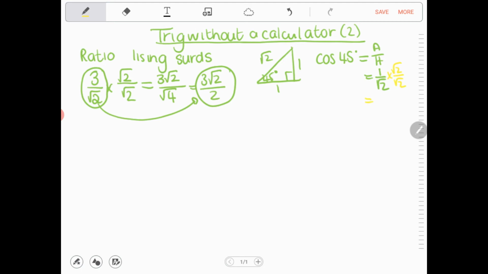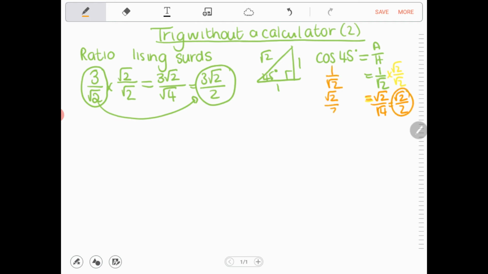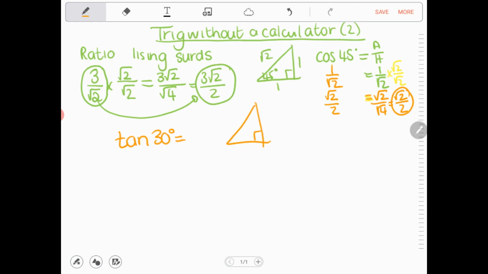So instead of writing 1 over root 2, I could go 1 times root 2 is root 2. And root 2 times root 2 is the square root of 4, which is 2, giving root 2 over 2. So the cos of 45 is 1 over root 2, but it can also be written as root 2 over 2. So you're going to find that a lot of your special angles can be rationalized.